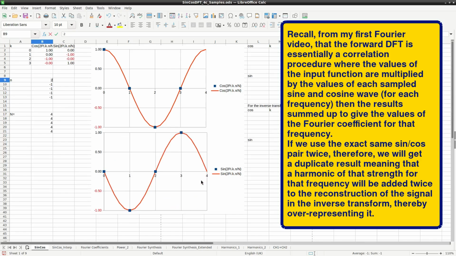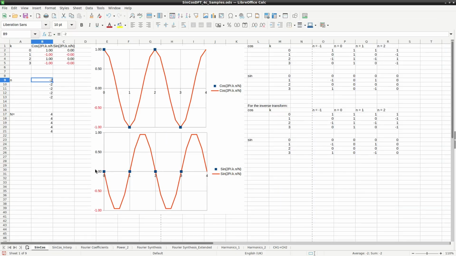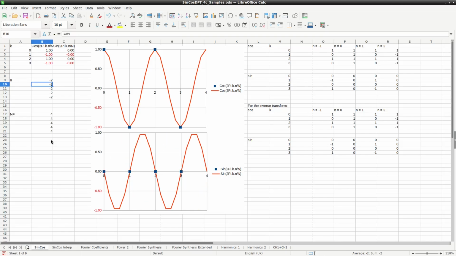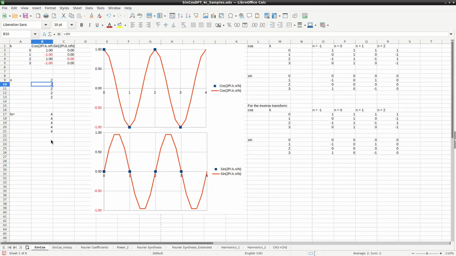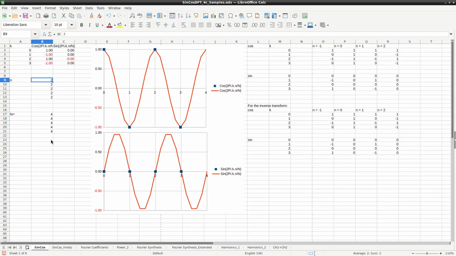Now look at the sample points in the sine wave between the plus and minus exact Nyquist frequencies of f equals 2. Although the sine wave is flipped between the two, the actual sample points on the sine wave that we use in the discrete Fourier calculations are exactly the same between the two. So to use both the positive and negative Nyquist would give repeat information. It would be as if we'd used the zero-order frequency twice, or any other frequency twice.